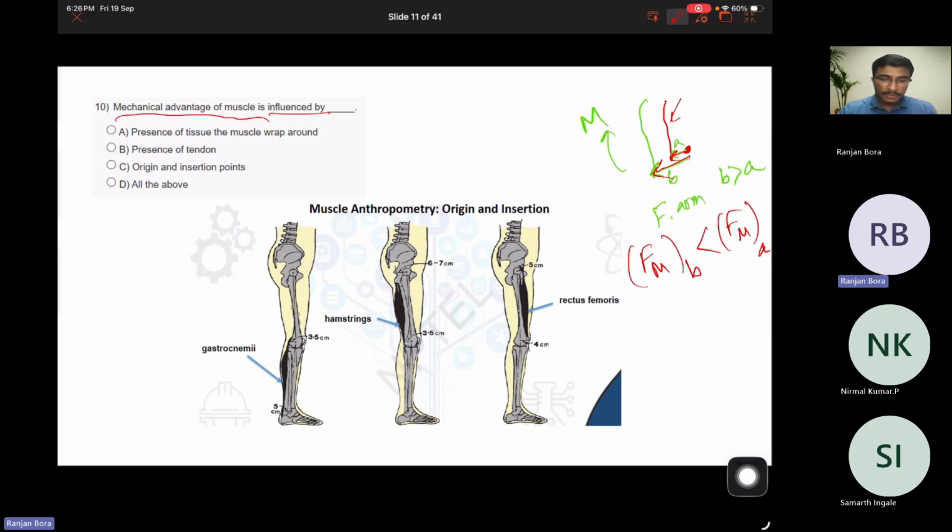It is not a force producing element. The muscle produces the force, but because of the presence of the tendon, the moment arm is more compared to the case in which there is no tendon. So that is the reason. In that case, all of the above is correct.